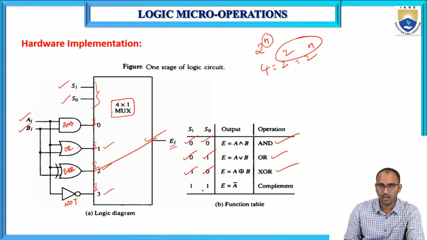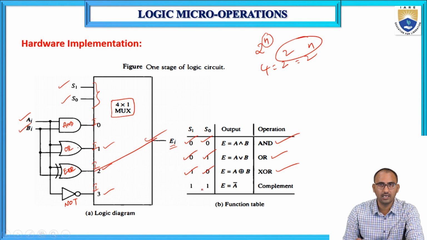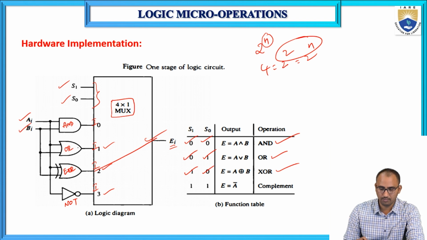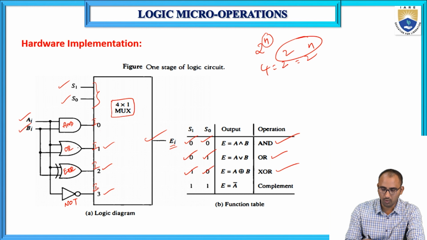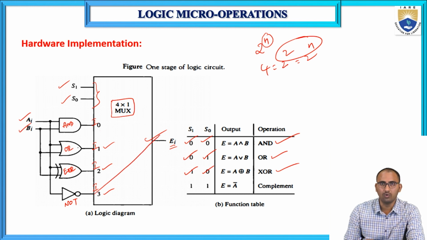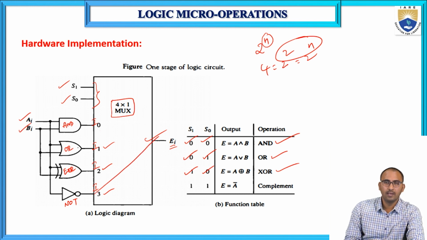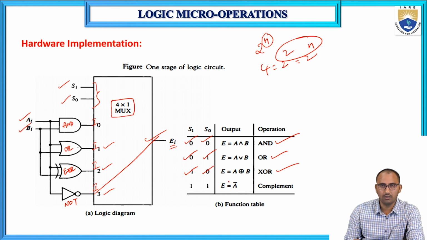Similarly, in the last case, when both the selection lines are logic 1, it performs the complement operation, because the I3 input will be connected to the output. In this way, we can implement all these four basic operations using a 4 by 1 multiplexer.